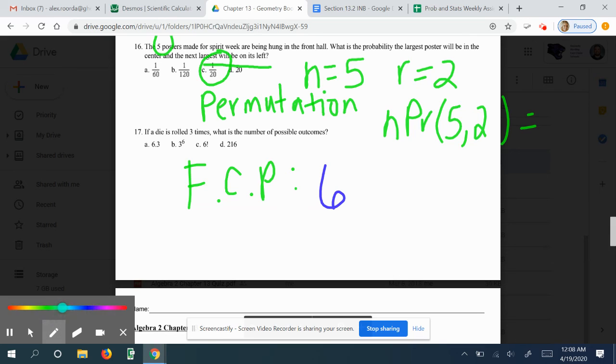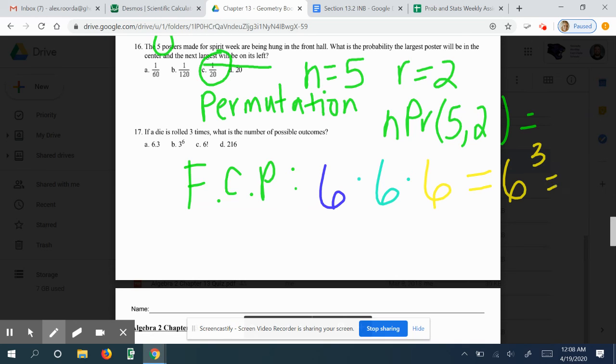The next time I roll the die, there are also 6 outcomes. And finally, the last one, 6 outcomes. And so that would be the same as 6 to the third, which would be what? That would be 216. And so there are 216 possible outcomes if we roll our die.